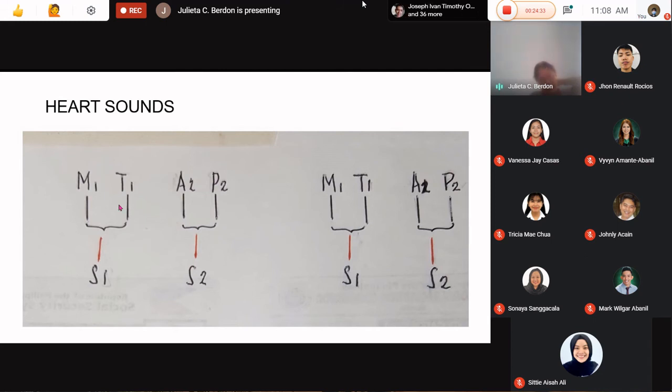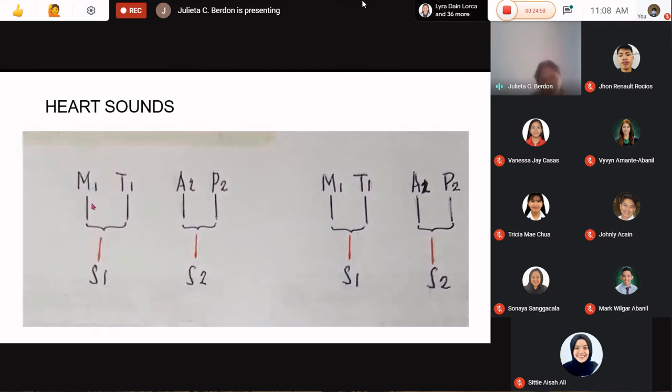So the depolarization on the left side is fast, but the right side of the heart will take a longer time to depolarize. The left ventricle depolarizes first, then the right.